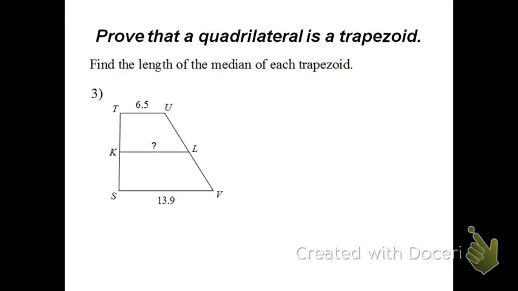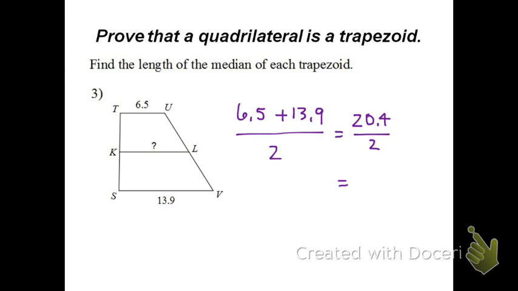So still, just as we've been doing, we can take the sum of the top and the bottom, and if we divide that by 2, we get 20.4 divided by 2, which is 10.4. 3.2.